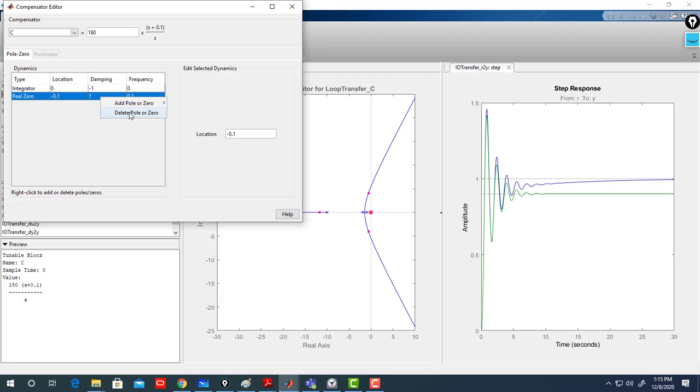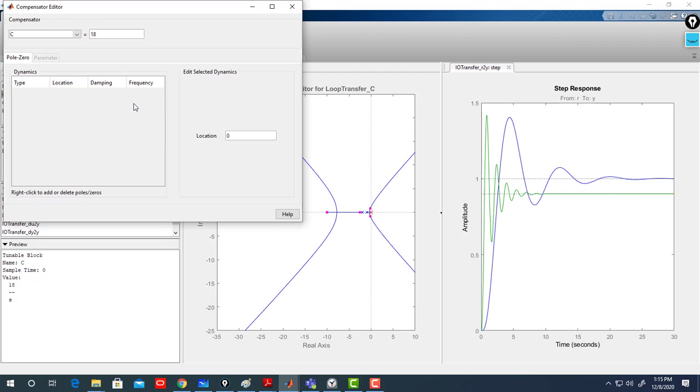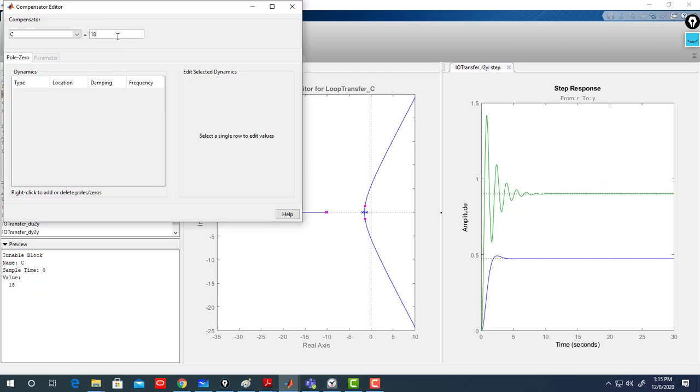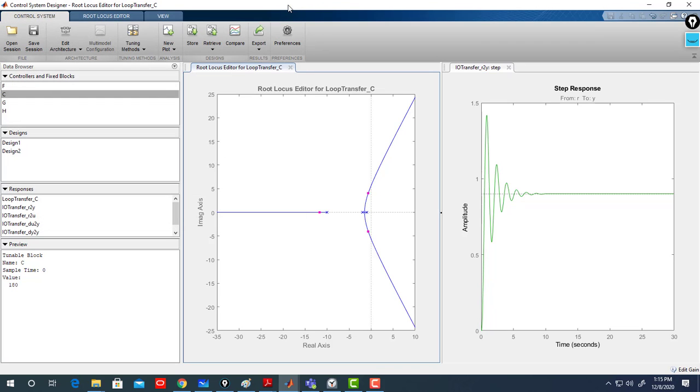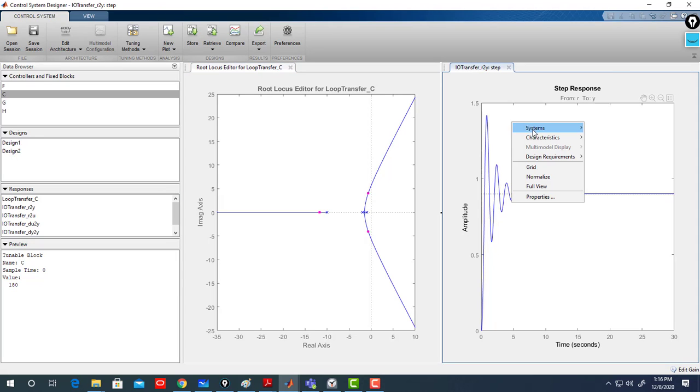So here they overshoot 57.45 at gain K equal 180.